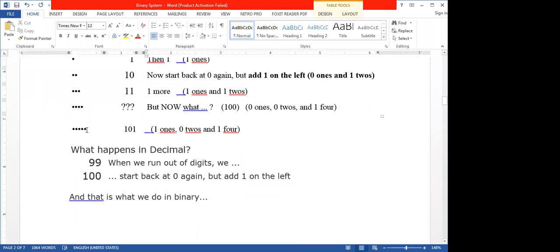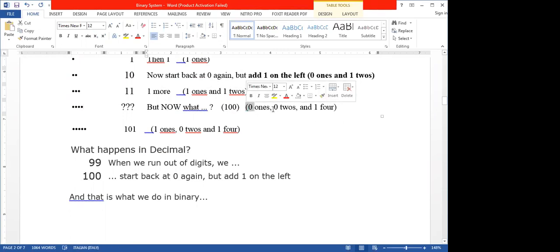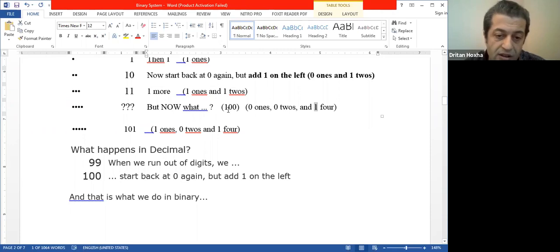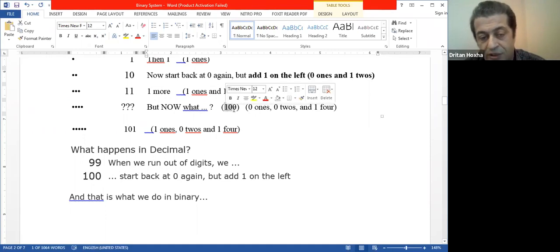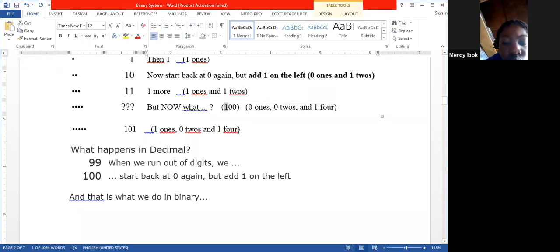If we want to write the number 4, it has 0 ones, 0 twos, and 1 four. So we should write 1 0 0, because we count from the right to the left. These are ones, these are twos, these are fours, etc.